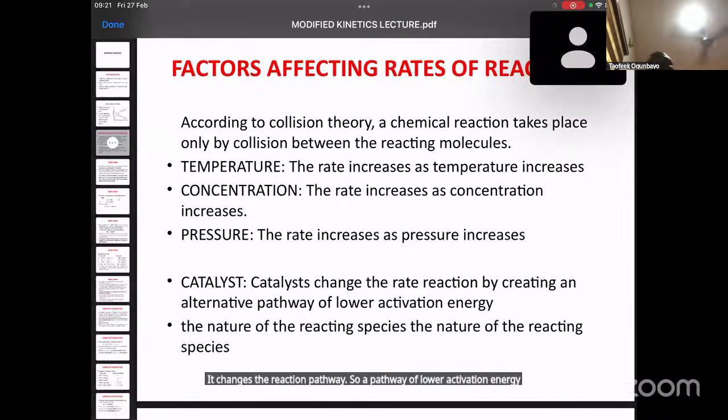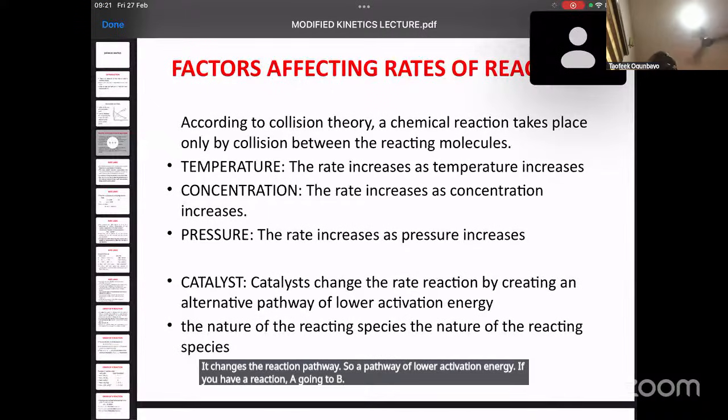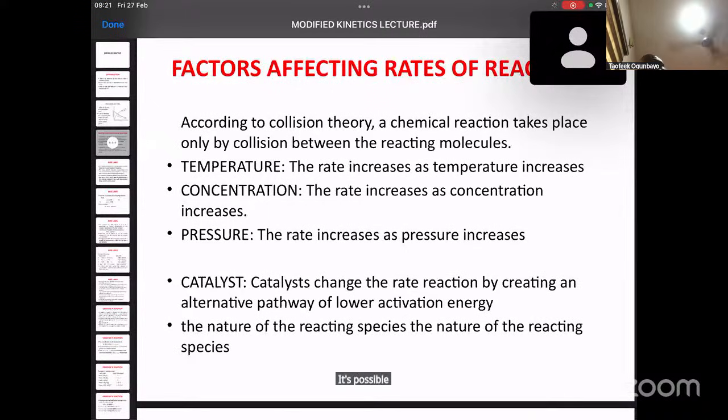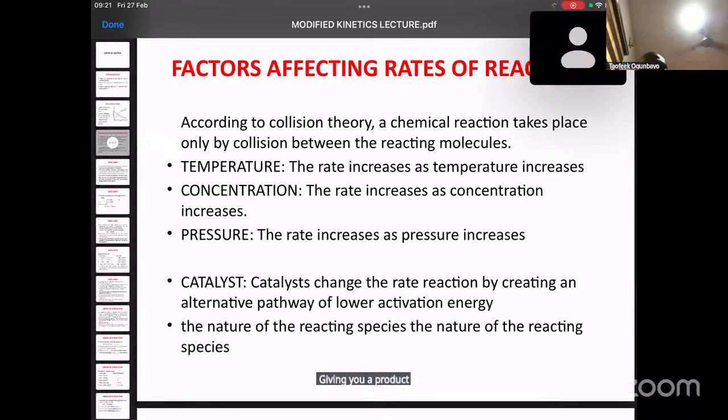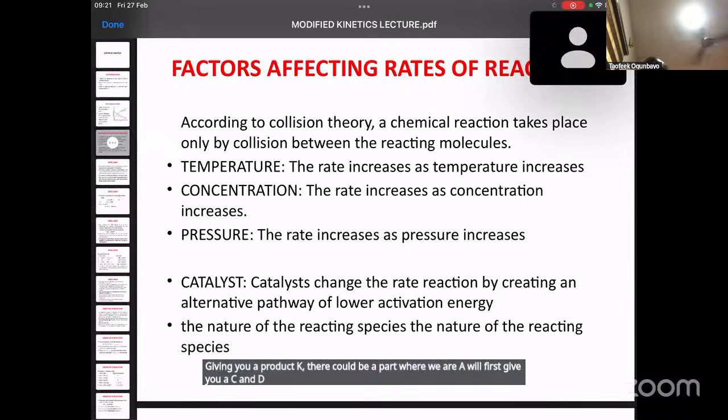If you have a reaction A giving you a product K, there could be a pathway where A will first give you C and D before going to K, and there'll be another one where it can give you T and B before going to K. But what the catalyst does is that it chooses a lower activation energy pathway, so that via that pathway the rate of reaction will increase.